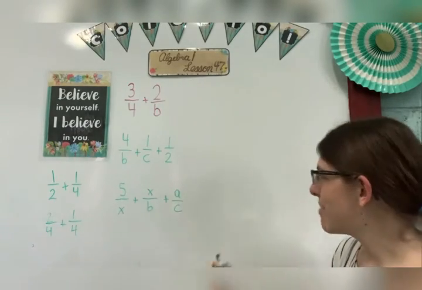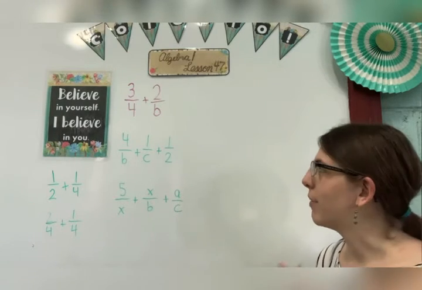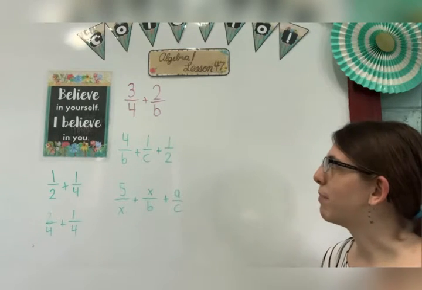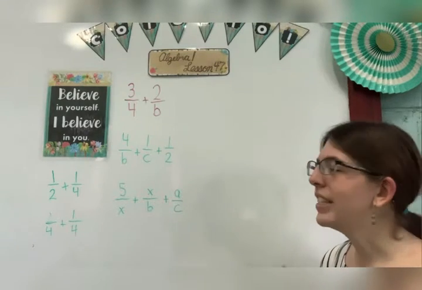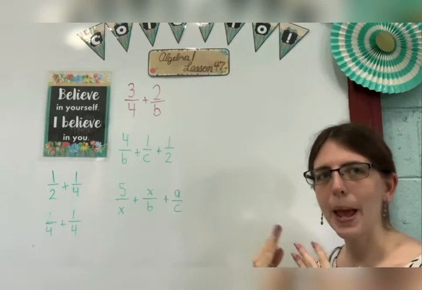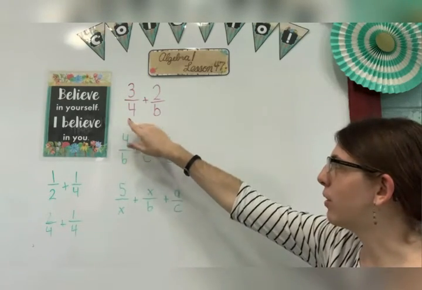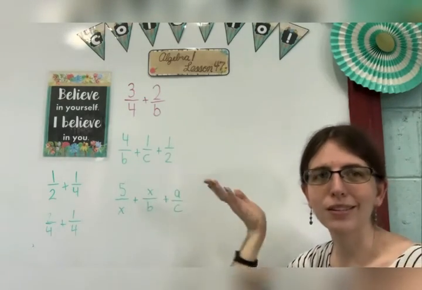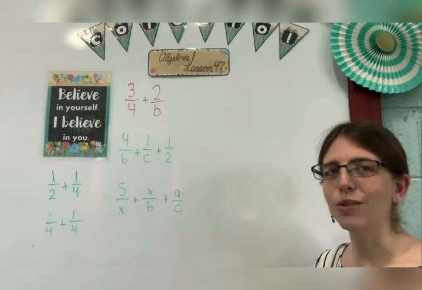Well, it's the same thing if you have a letter, a variable, in your fraction. What you have to do is still find the least common multiple. But remember, you're now just finding the least common multiple for an expression of both numbers and variables. So we've already learned how to do that.